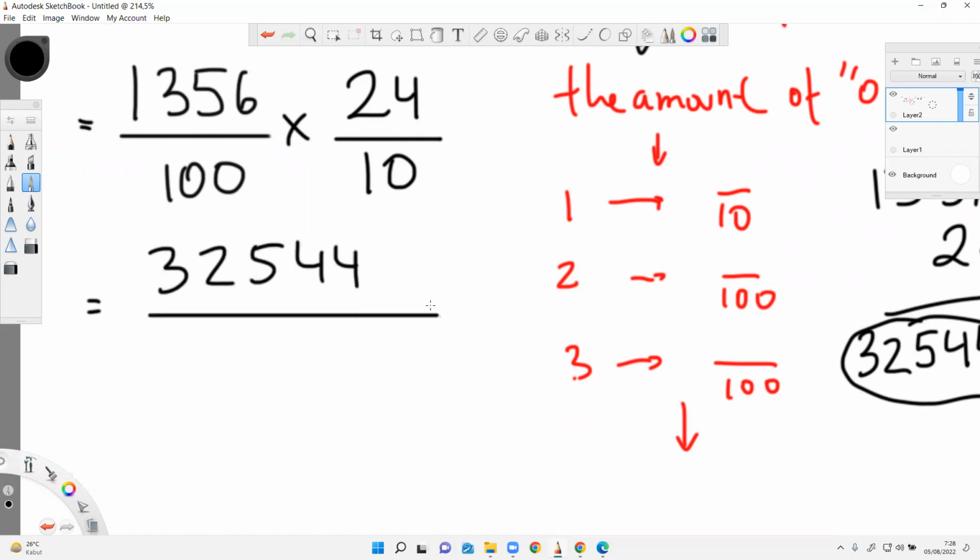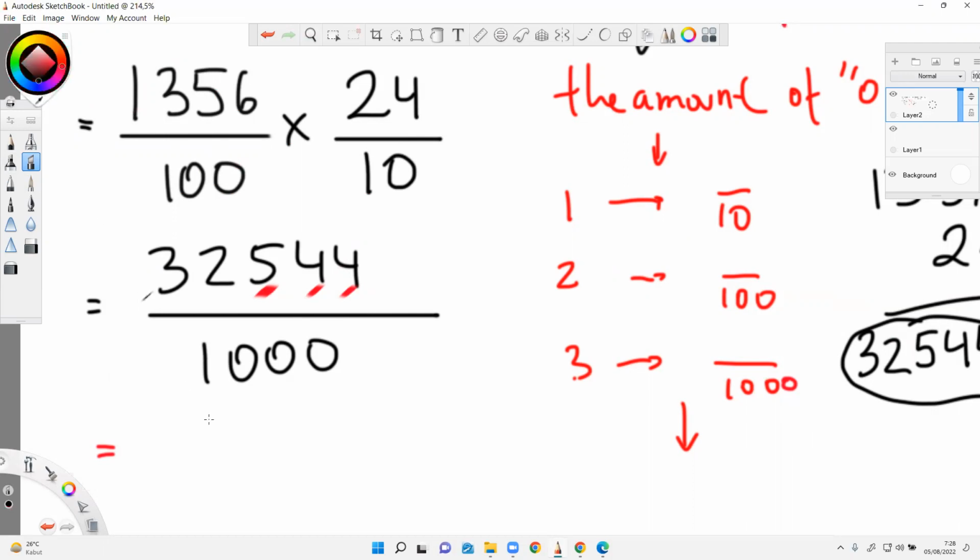32,544. You divide by or over 100 times 10, that is 1,000. So again, if 1,000, how many decimal places do we have? 3, right? Sorry, it's missing. So the 3 decimal places are supposed to be here. 1, 2, 3. Count from the right side, not from the left side.